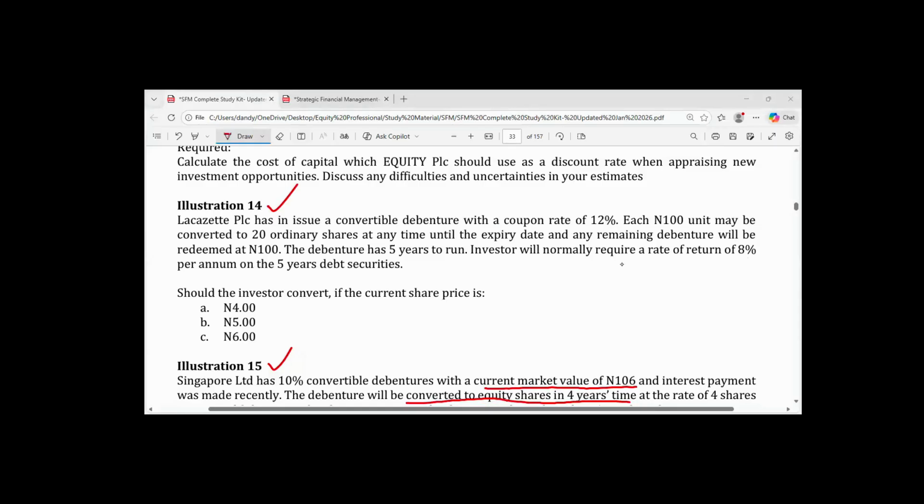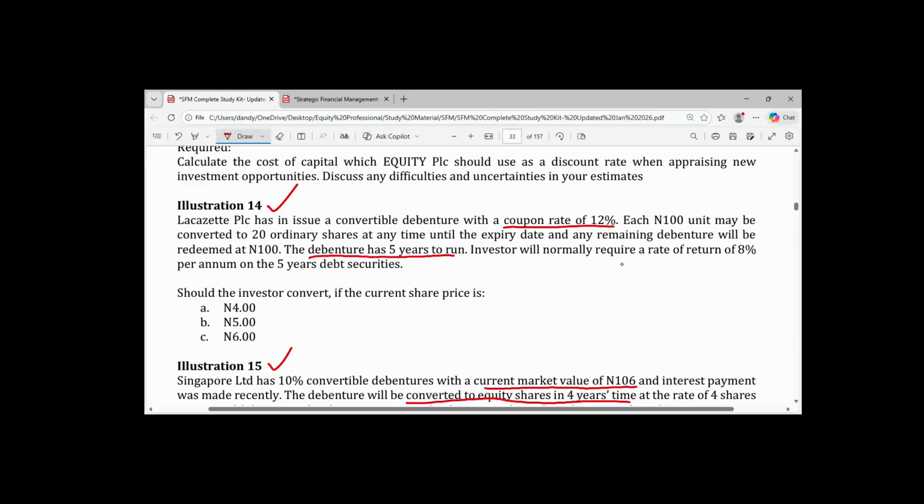Each 100 naira unit may be converted to 20 ordinary shares at any time until the expiry date, and any remaining debenture will be redeemed at 100 naira. The debenture has 5 years to run. Investors will normally require a rate of return of 8% per annum on the 5 years debt securities. Should the investor convert if the current share price is 4 naira, 5 naira, or 6 naira?